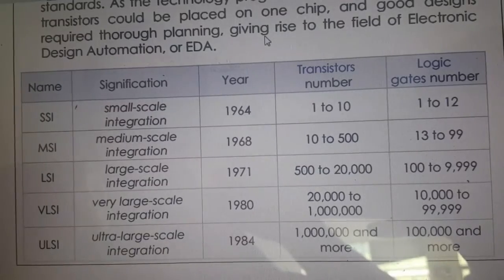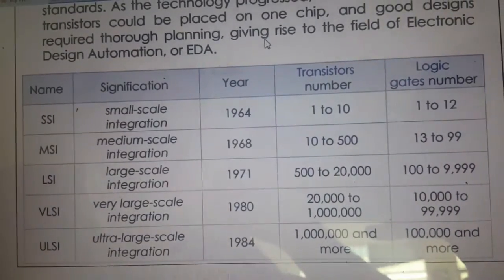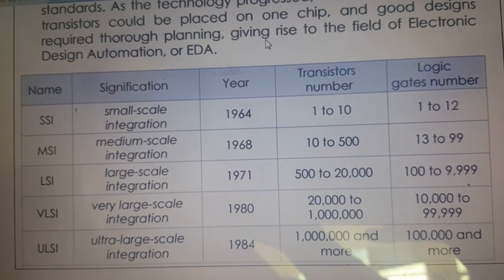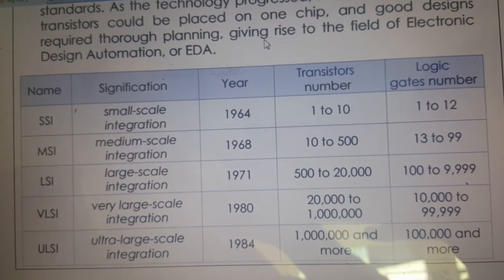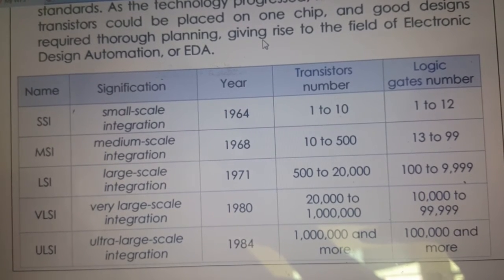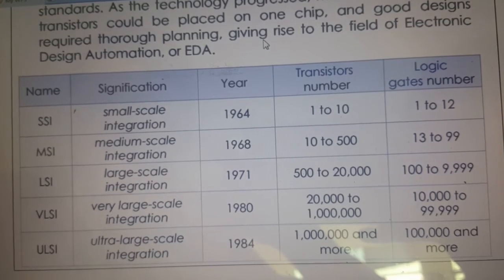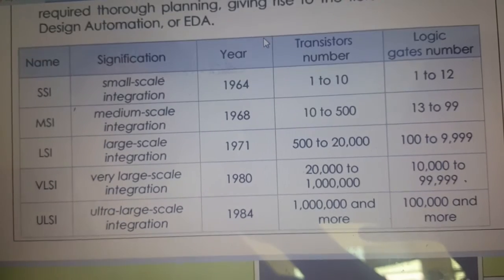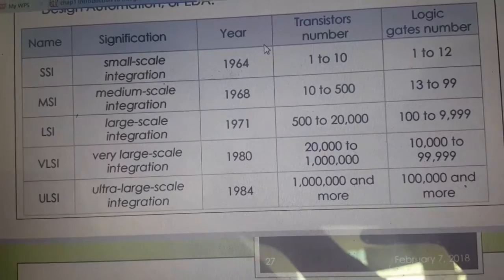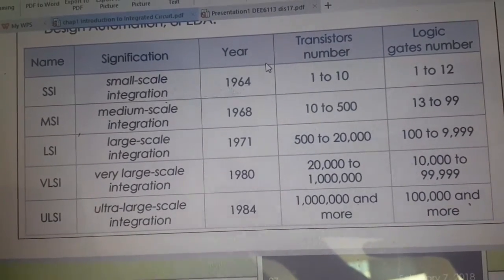Next is LSI, large scale integration, introduced in 1971. Number of transistors ranges from 500 to 20,000, and logic gates number ranges between 100 to 9,999. And next is very large scale integration, or VLSI, introduced in 1980.